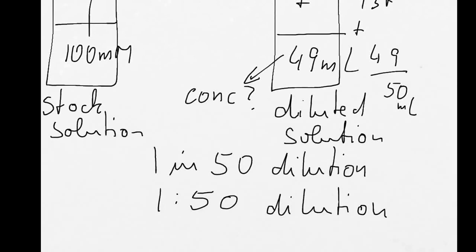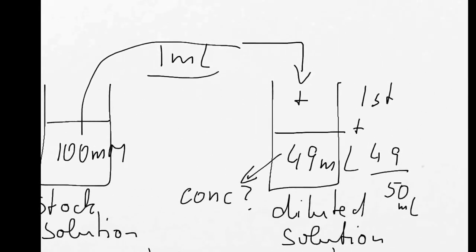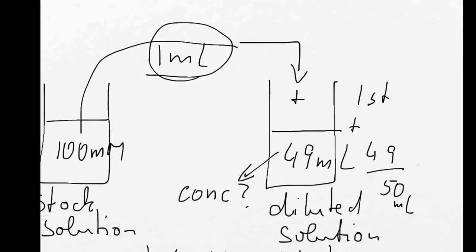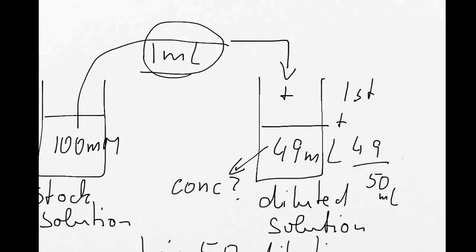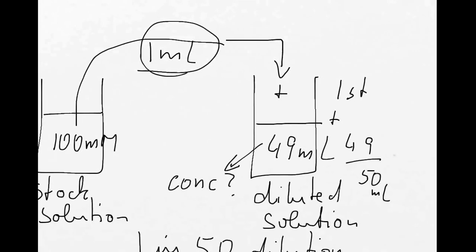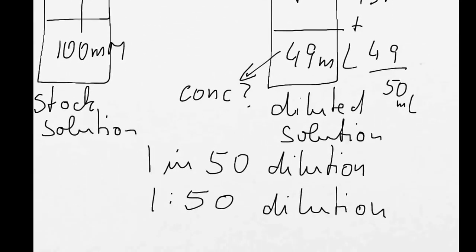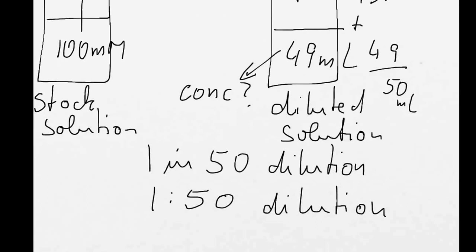So how do we address this problem? We could, of course, calculate how many mole we have in here and then divide by the volume, as we've done last week in the last example where we had different concentrations mixed together. Or we could try, for a change, to be clever. So what do we have? We have 100 millimolar stock.